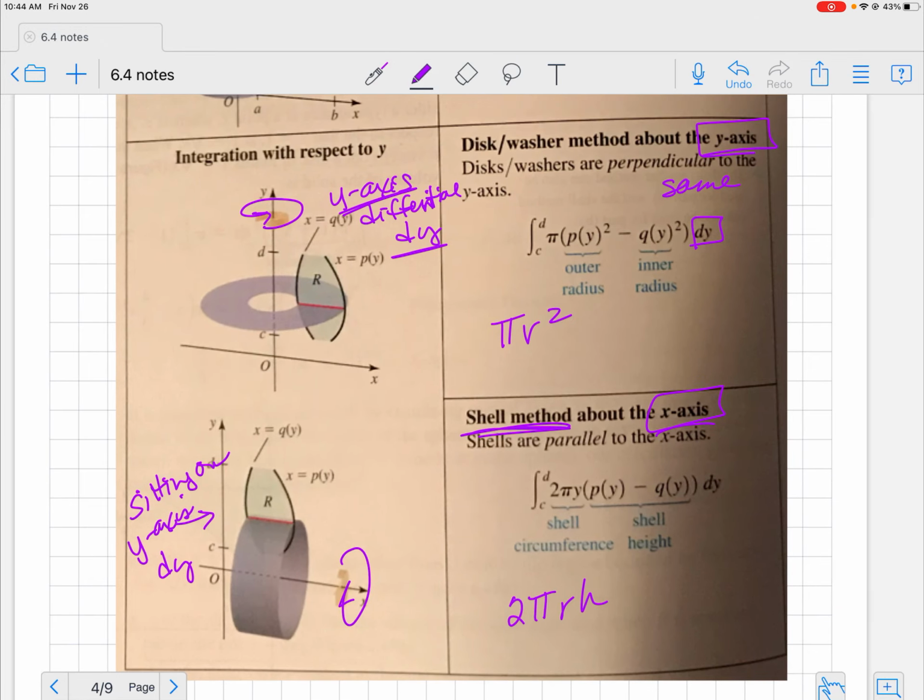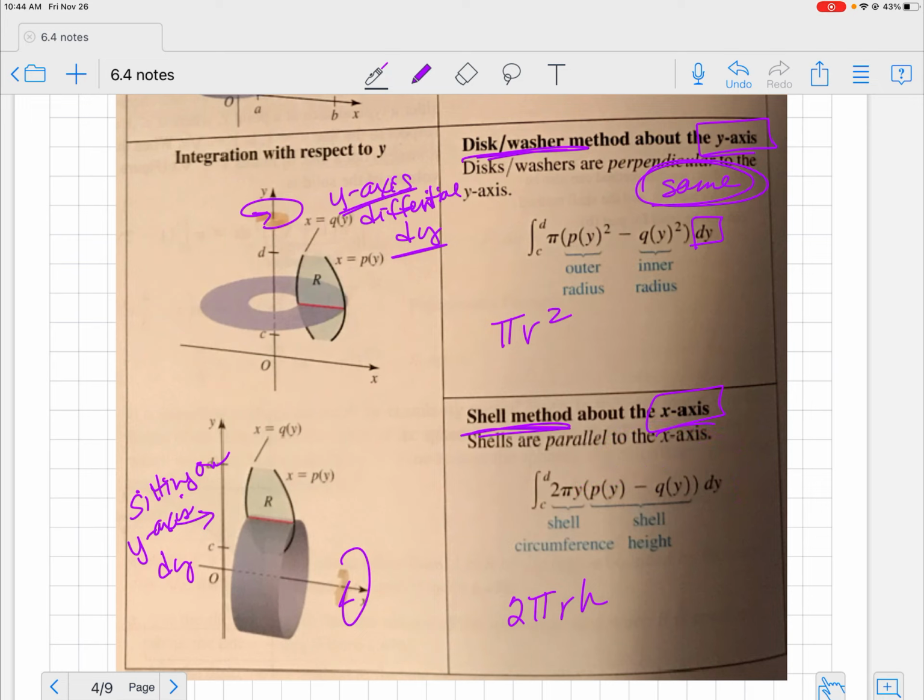My disc washer is the same. My shell method is the opposite differential that goes with that axis. Again, everything is based on this differential. My variables are in terms of y. My radius here is in terms of y. My bounds are in terms of y.